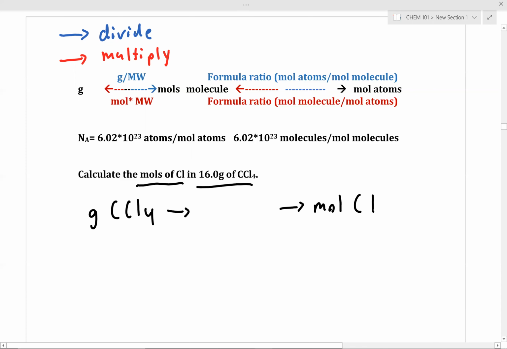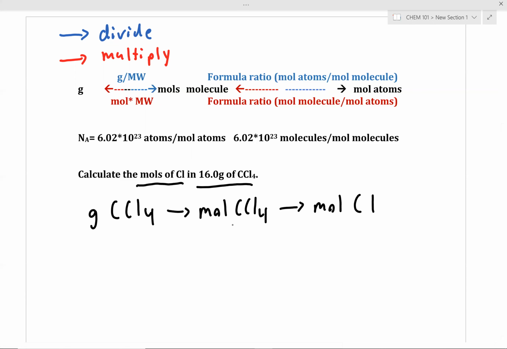What is our intermediate stepping stone? Moles of what? Carbon tetrachloride, right? So in general, the role of our formula ratio is to relate the moles of our molecule to the moles of atoms found in our molecule.